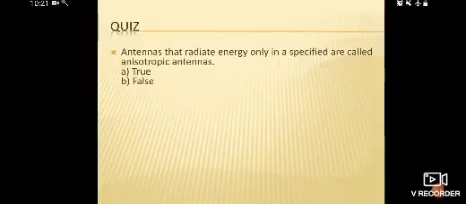Whether it is true or false, what is the answer? That is true. Antennas radiating the energy only in a specified direction are called anisotropic antennas. So the answer is true.